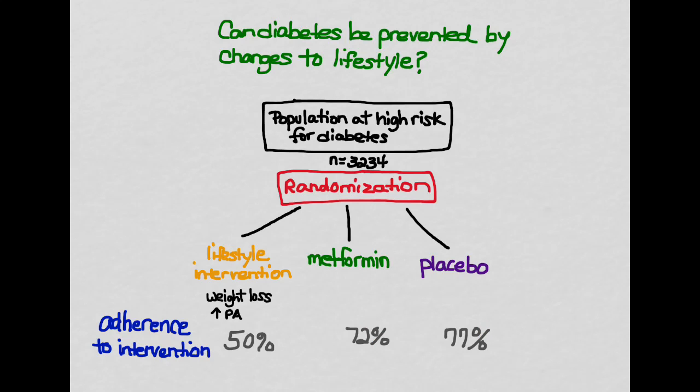So you can do what's called post hoc analysis afterwards and look to see whether the people who adhered to the intervention did better than the people who didn't. But that is a biased sample because then you have a selection bias.